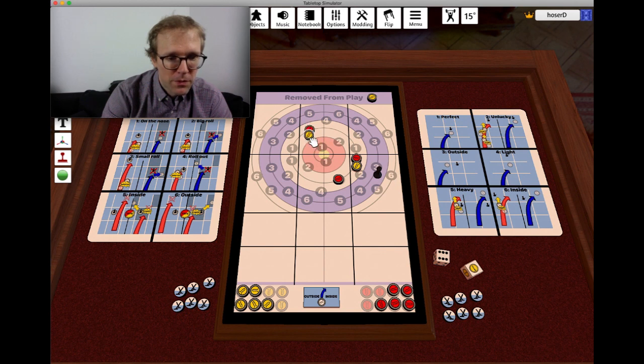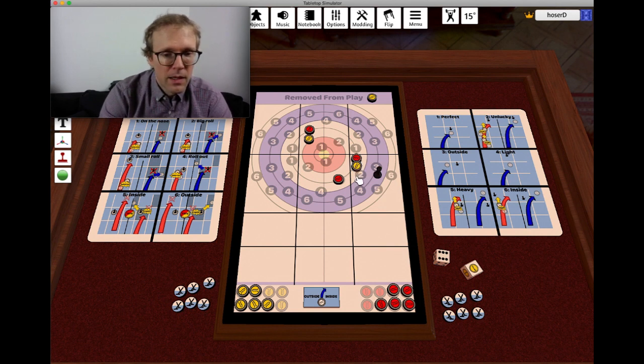From a scoring point of view, that means different things in the front of the house than it does in the back of the house. In the front of the house, it means the bottom stone is closer to the center, most likely. In the back of the house, it means the top stone is closer to the center in most cases. And there's also just the mechanical question of, what about ties? What if there's some other stone that's at the same distance? How do we count that?